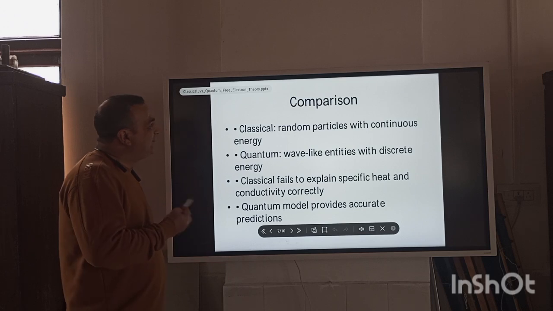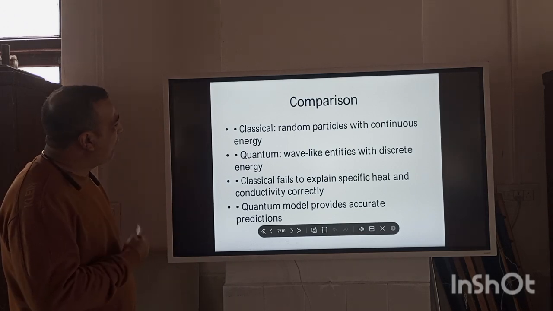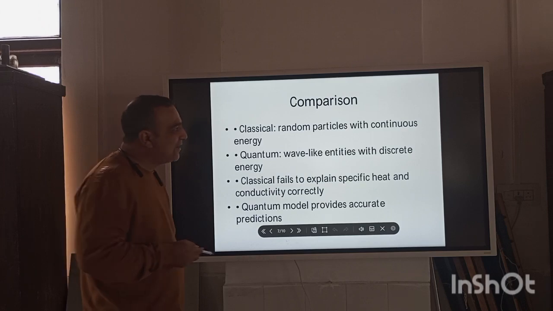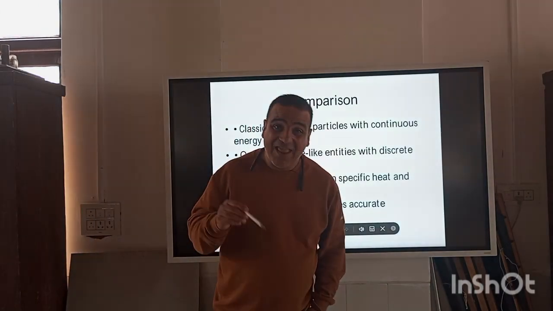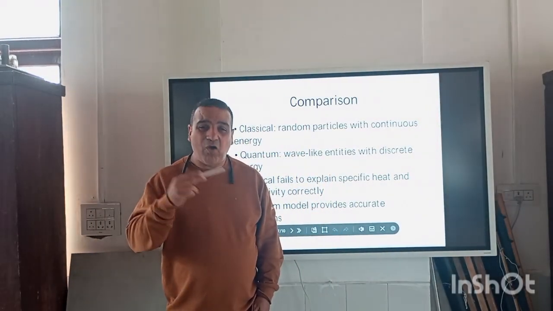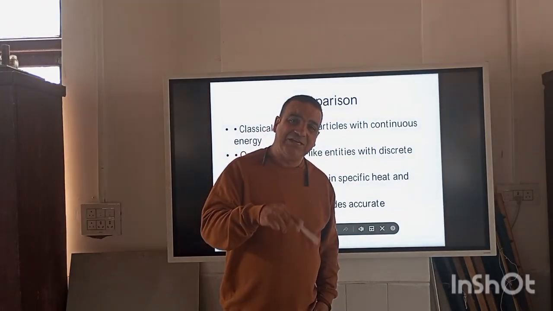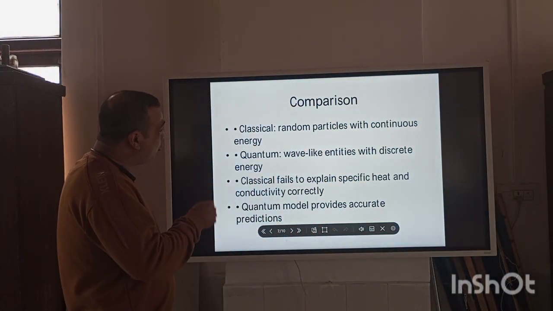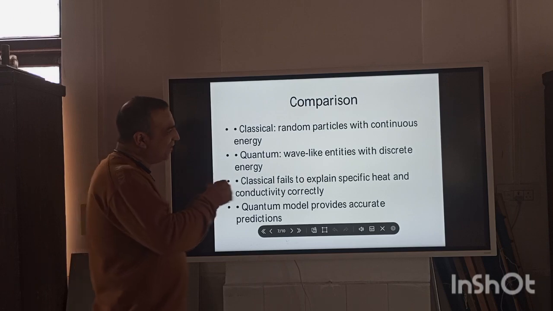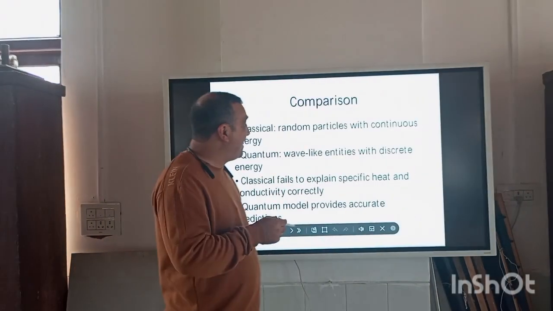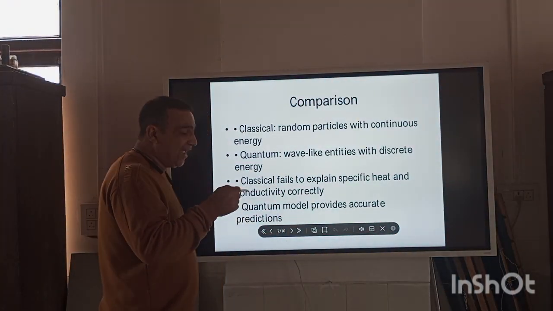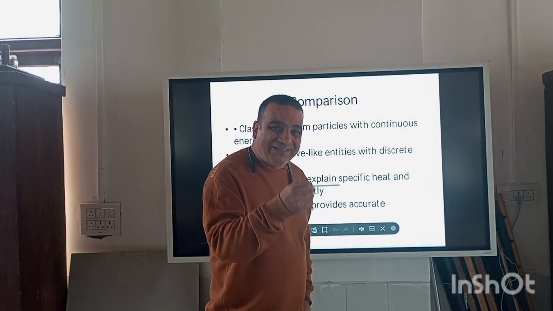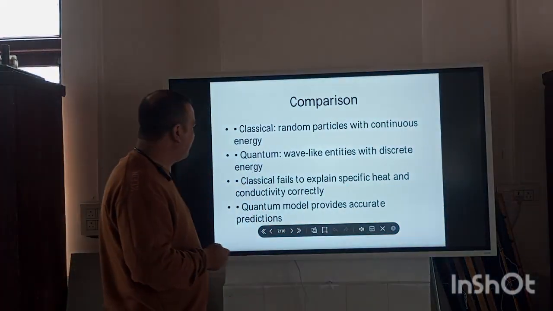If we compare the two theories, in classical we have random particles with continuous energy. As I said, electrons can have all possible energies in these solids, in these metals. But in the quantum version, these electrons are wave-like entities, and they have finite quantized energies.